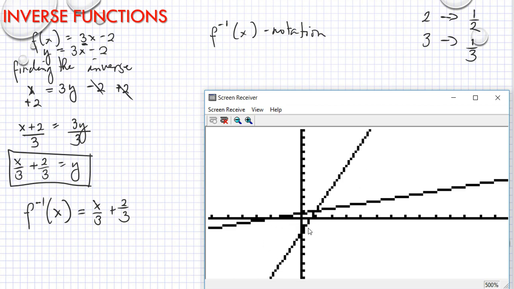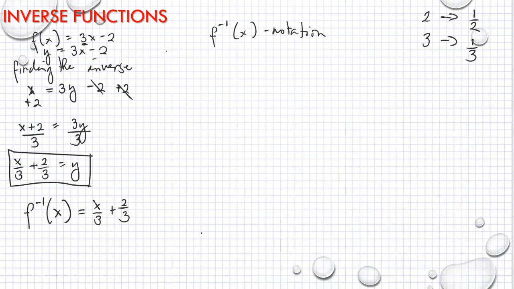That's one check that you have done a good job finding your inverse. Another is that if I find the composite function of f and the inverse of x, this should be equal to x.